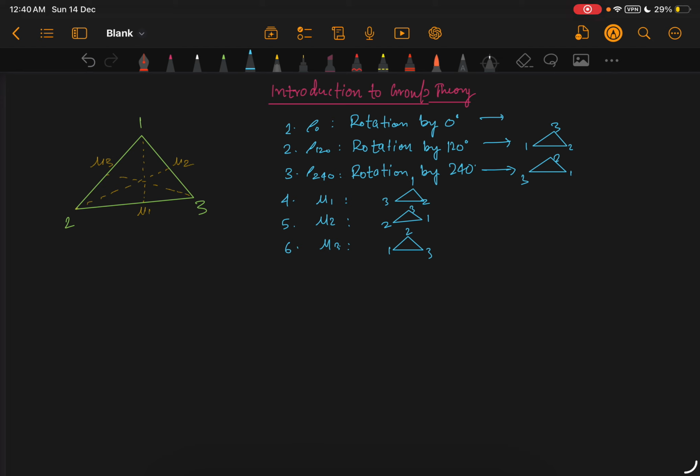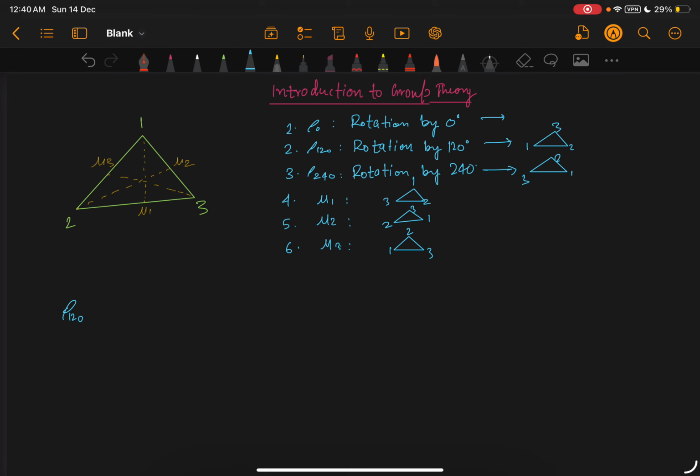Before going further, I'll say how you'll think about composing these operations. Maybe I'll ask you about rho 120 composed with nu 2.